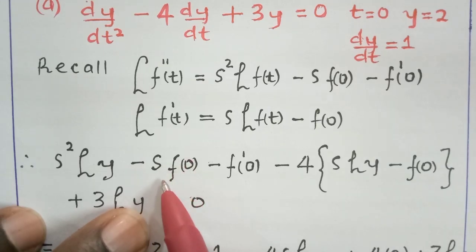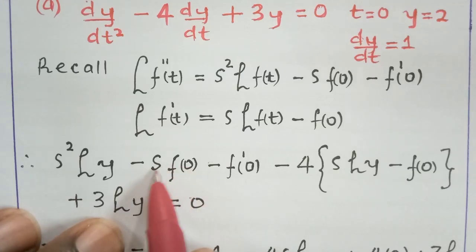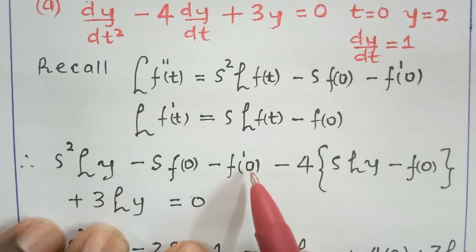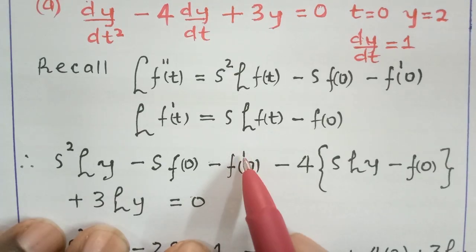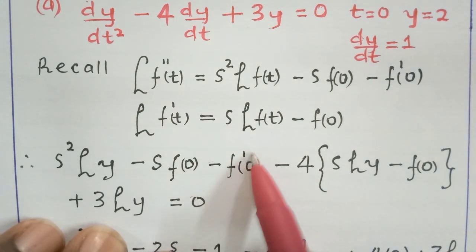When t is equal to 0, y is equal to 2, so finally this one will end up being 2s. And the first derivative of the function, when t is 0, is equal to 1. So this one is going to be equal to 1.